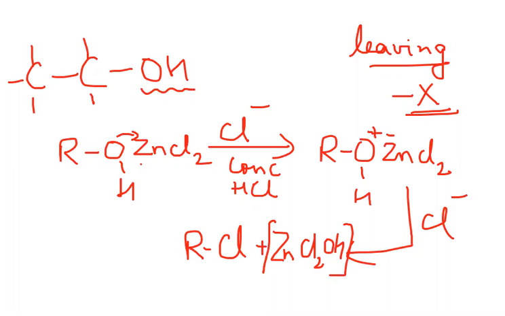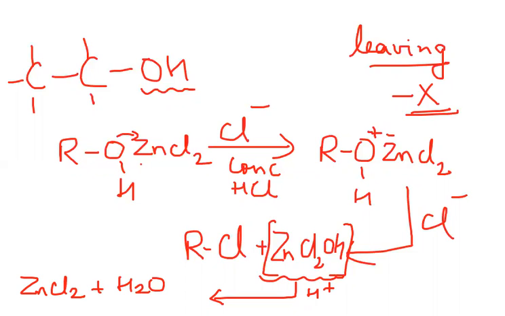Further on, since the acid is there, H plus from the acid reacts with it and regenerates ZnCl2, and of course water is given out. So the role of anhydrous zinc chloride is basically to help the OH group come out of the compound easily.